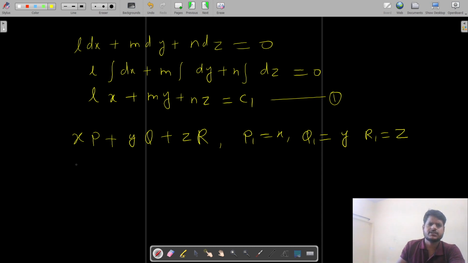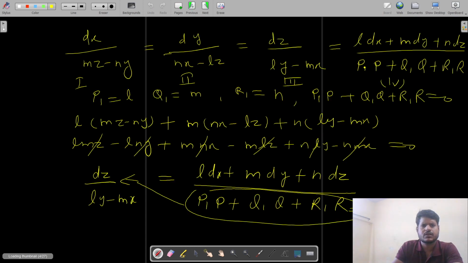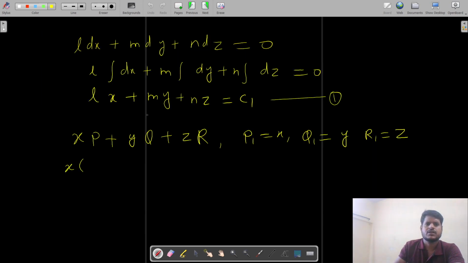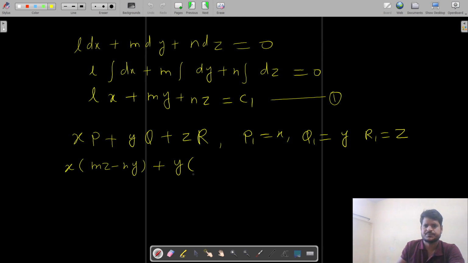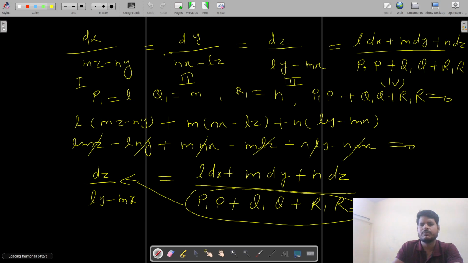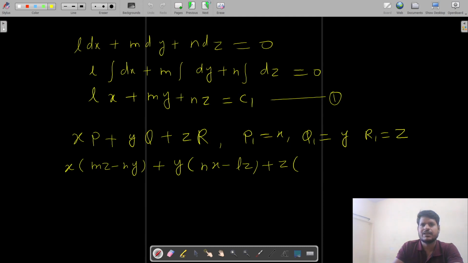So now you can check x times capital P. What is the value of capital P? The value of mz minus ny, so mz minus ny, plus y times capital Q. The value of capital Q is nx minus lz, plus z times capital R, that is ly minus mx.